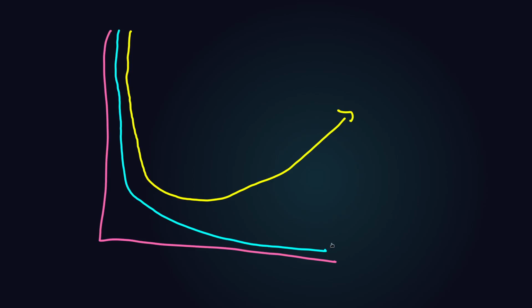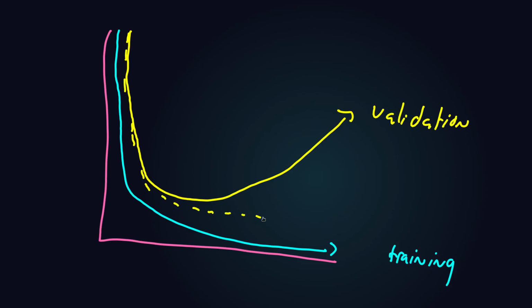So if we just look at our training loss, we think we're doing great, but then when we look at our testing or validation loss, we discover that our network performs horribly on unseen data, right? Regularizers are things that fight this trend, that help us keep the validation loss more in line with the training loss, right?